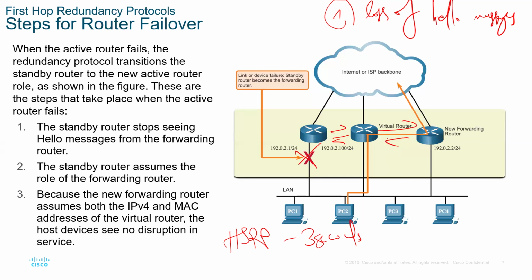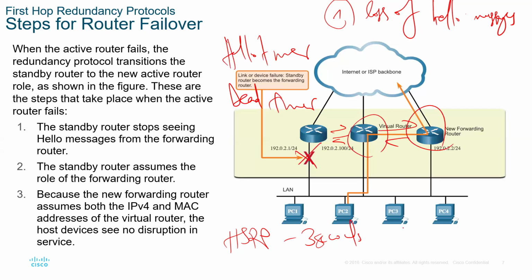The moment these two realize my messages are gone, that is where the failover process starts. We have what we call the dead timer as well. So we have the hello timer, and we also have the dead timer.